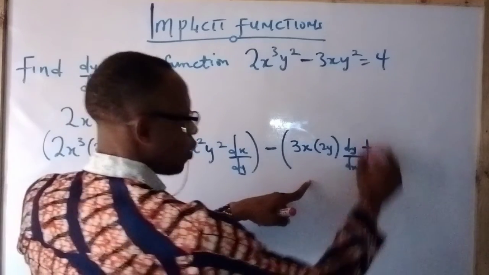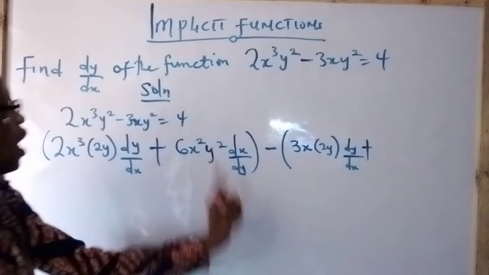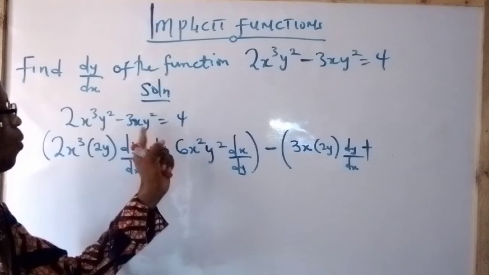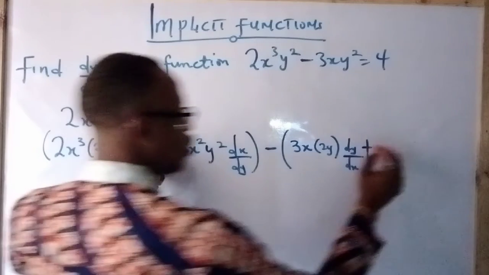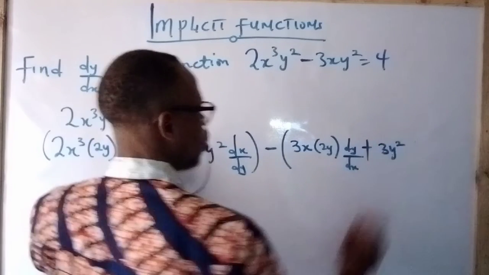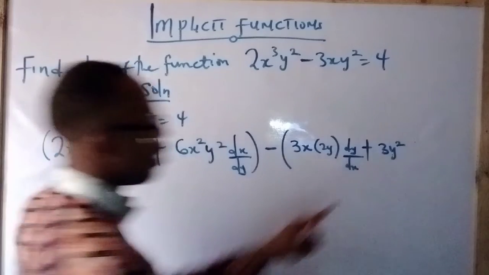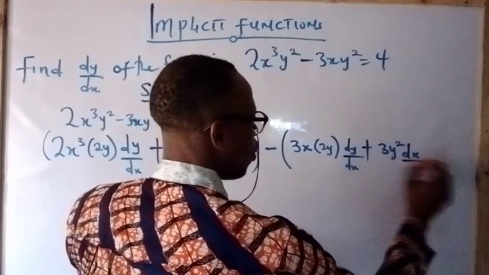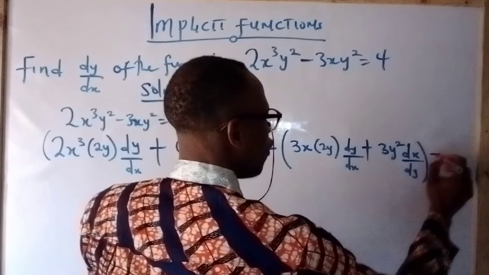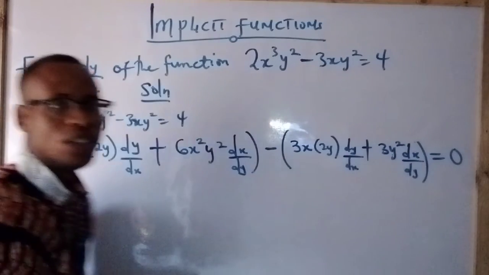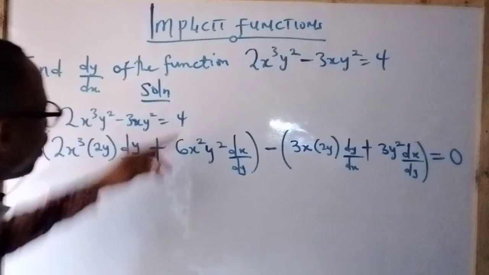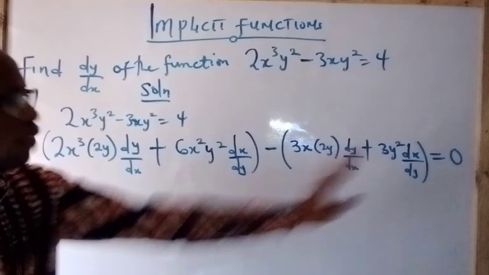Then same thing, plus, I will now keep y and differentiate x. That's going to give me 3y squared. I differentiated x because x here is 1, and 1 times 3 is 3. So I'm going to have dx/dx. Everything equals 0. Why this one is equal to 0 is because when you differentiate a constant, which is 4, it's going to give you 0.